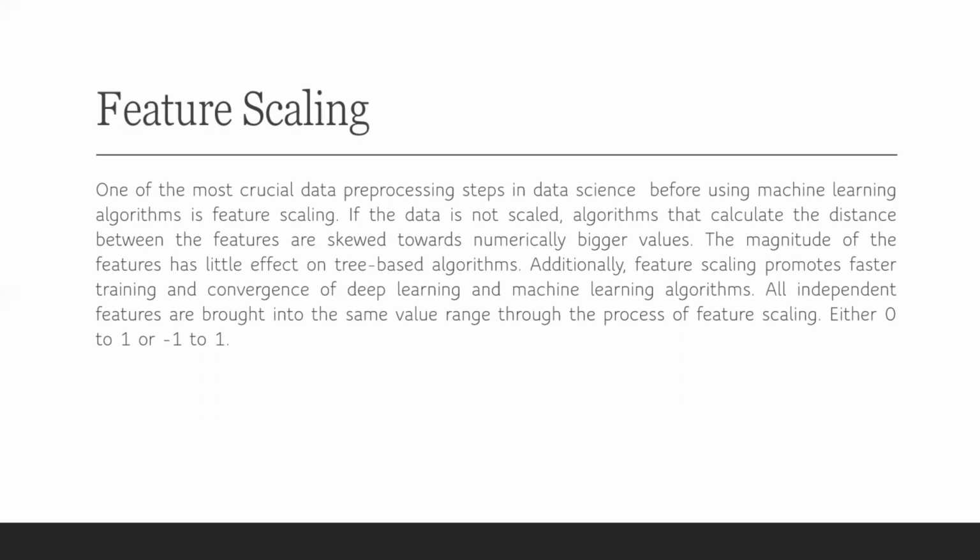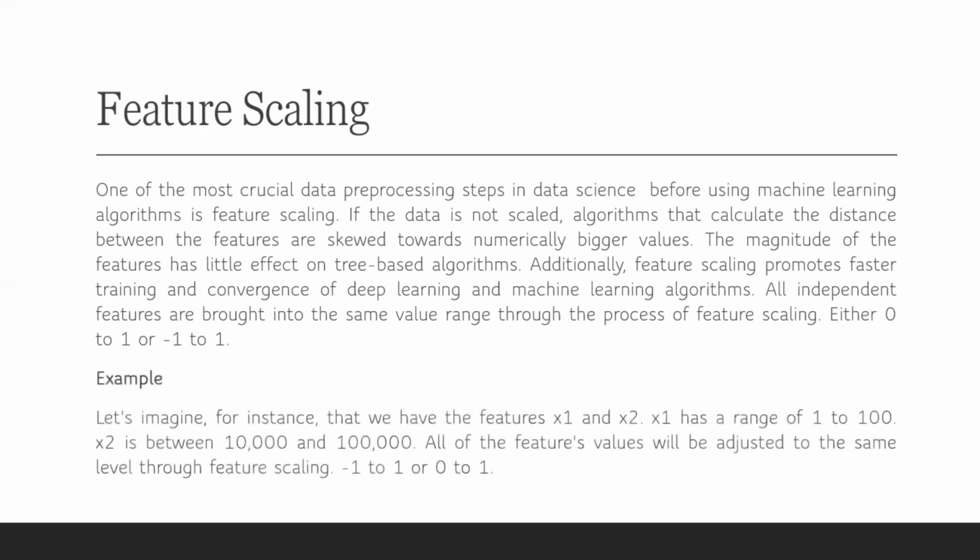Additionally, feature scaling promotes faster training and convergence of deep learning and machine learning algorithms. All independent features are brought into the same value range through the process of feature scaling, either 0 to 1 or -1 to 1. So let's see an example.